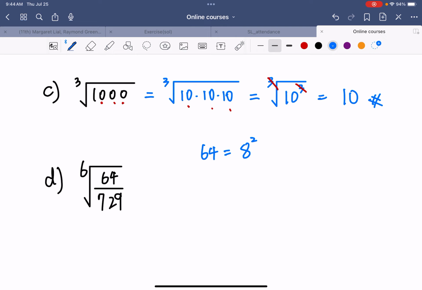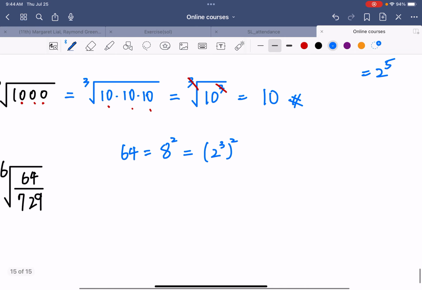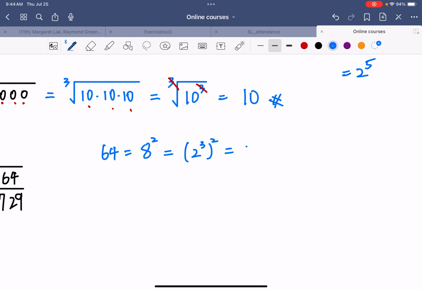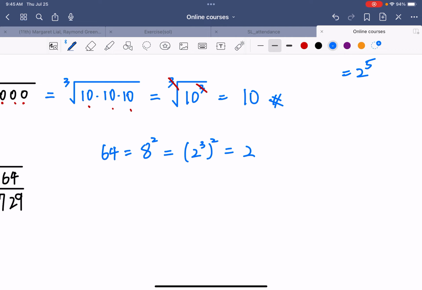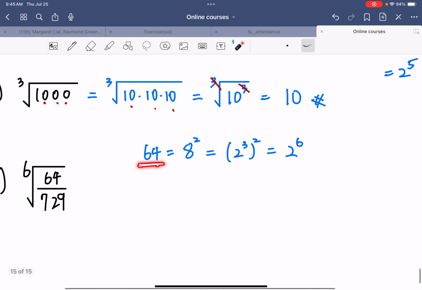Then we know that 8 is actually 2 to the power of 3, so we replace it with 2 to the power of 3. Remember, this 3 and 2 have to multiply each other because one is inside and one is outside the bracket. Okay, so we get 6, 3 times 2 is 6. So we know, okay, 64 is 2 to the power of 6, and it can diminish with the 6 here.